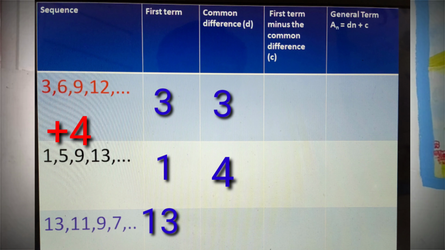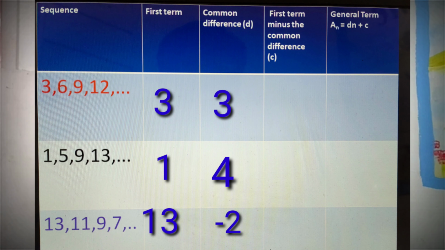So sa number 3, ano naman? Pansinin ang sequence sa number 3. The sequence is decreasing o pababa. Ibig sabihin, nagma-minus naman tayo ng numbers. So dito, lagi naman minus 2. Minus 2 ng minus 2. So the common difference is negative 2.